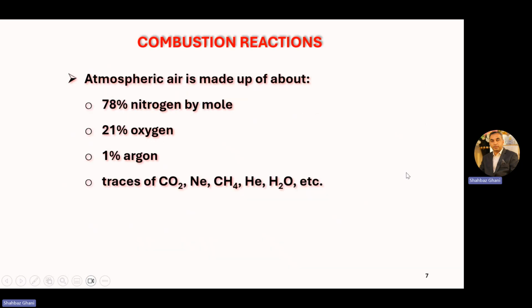Now, atmospheric air is made up of different elements, in which we have 78% nitrogen by mole, 21% oxygen, 1% argon, and a few traces of carbon dioxide, neon, methane, helium, and water vapor.